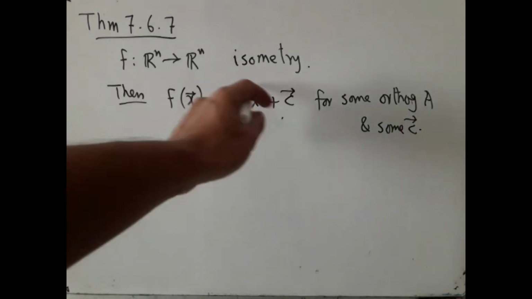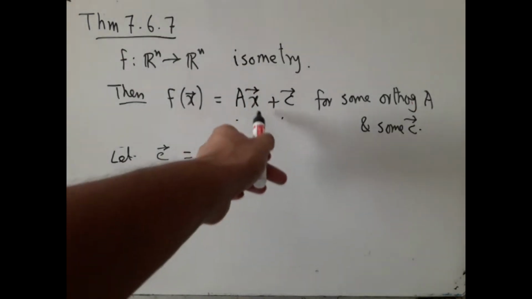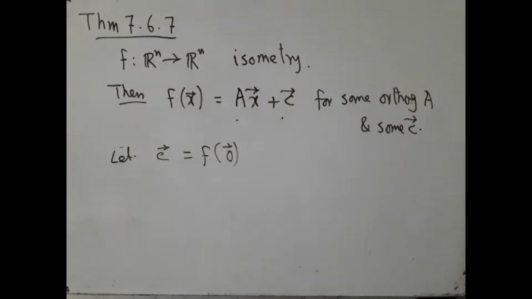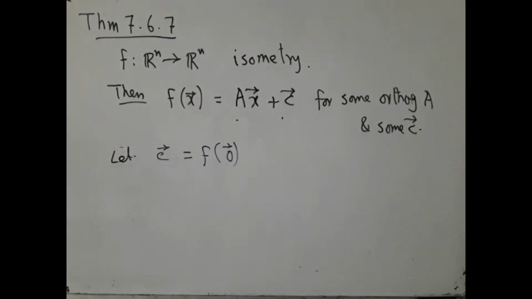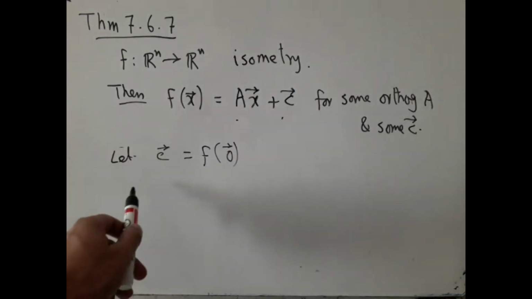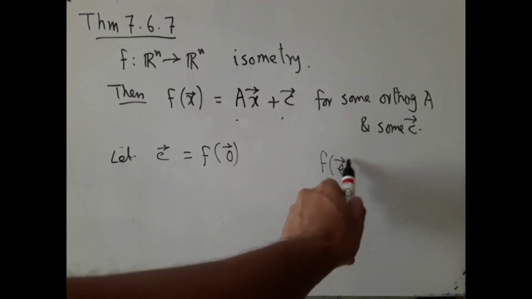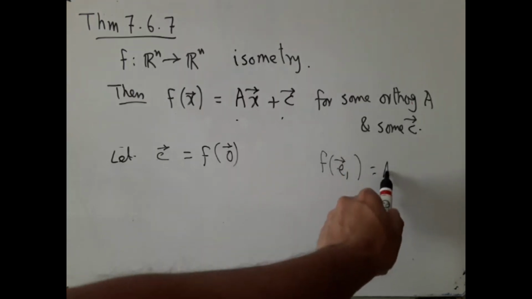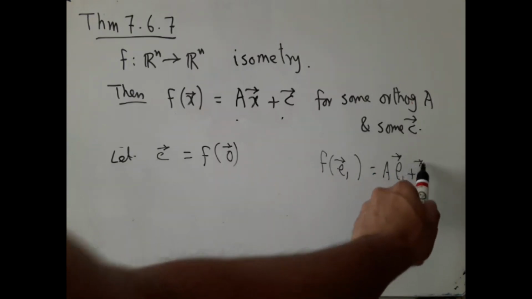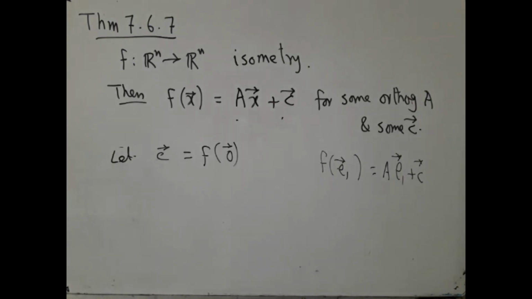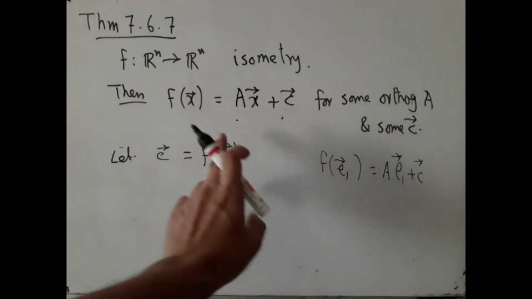Now I want to get this A. So what I will do is, I will take various basis vectors e1, e2, etc. Then A times e1 will give me the first column of A. So I will get, roughly, f of e1 is equal to the first column of A plus C, which I already know. So I will take the first column of A as f of e1 minus f of 0.